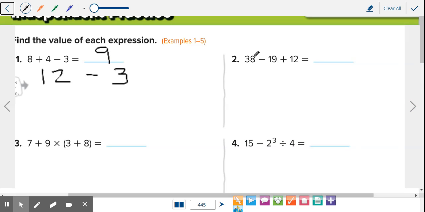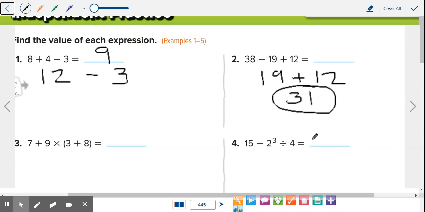What's 38 minus 19? 19. Just copy down plus 12, and now we just add them. What's 19 plus 12? 31. And there's your answer.